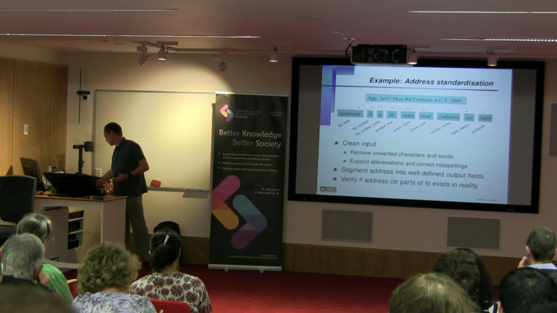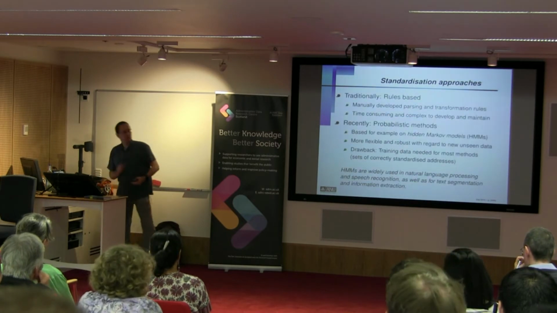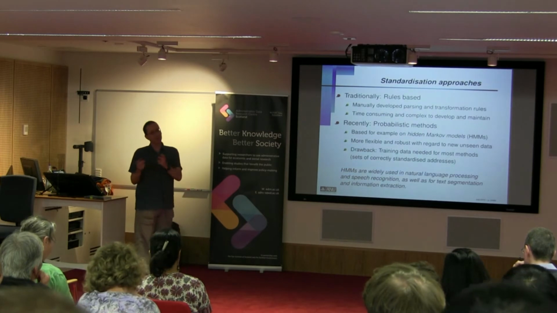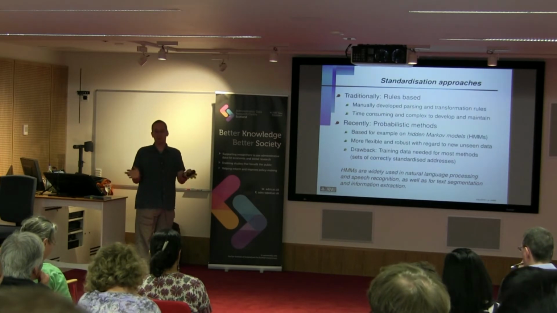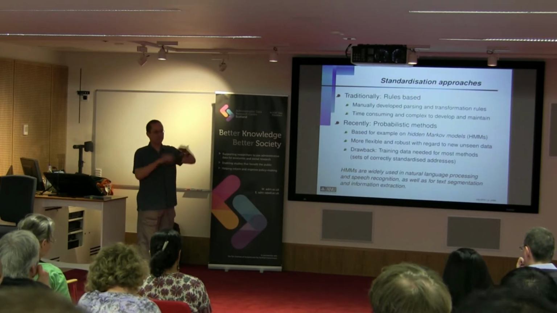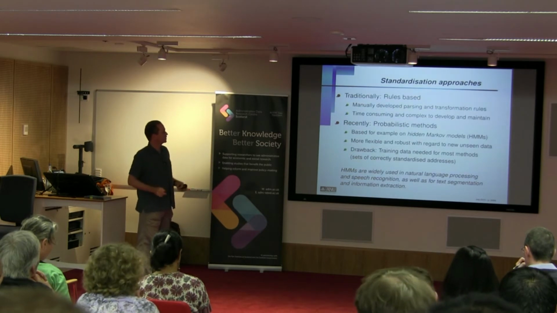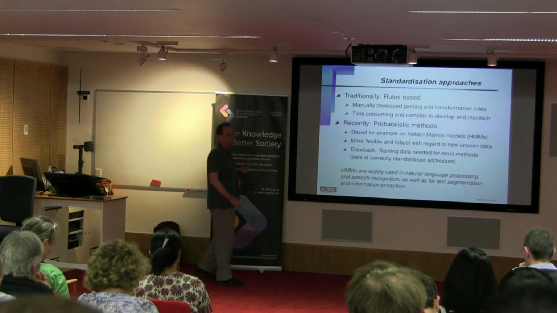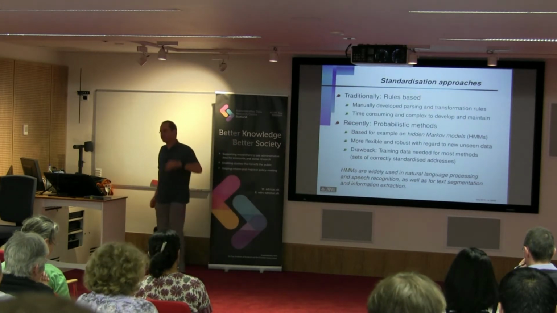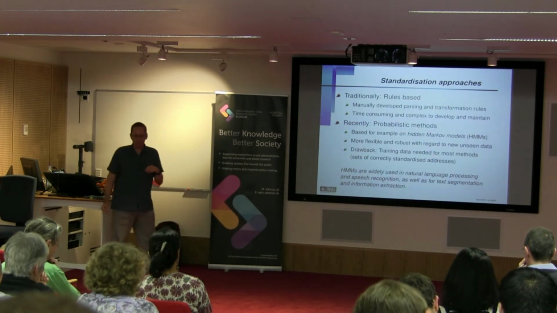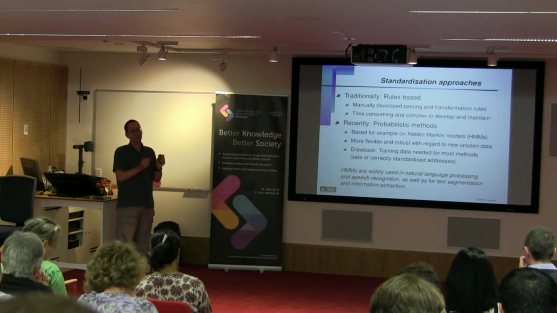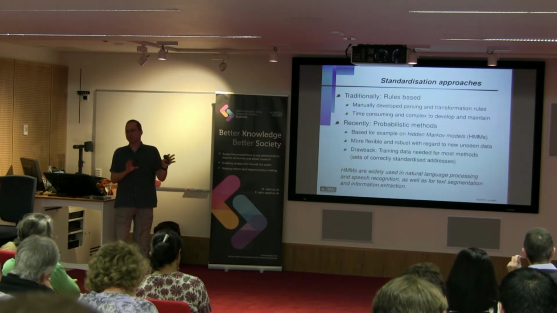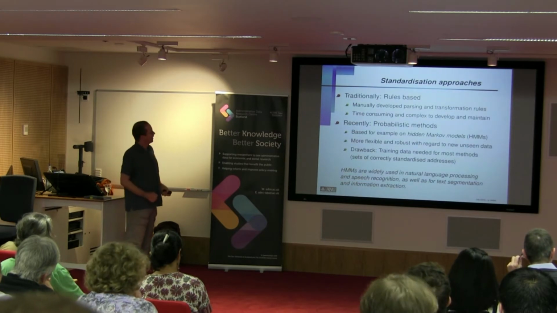And when we started this work in the early 2000s, we actually got a commercial rule system, which was used by New South Wales Health. So that's the health department in New South Wales, Sydney, and the surrounding areas, the big area of New South Wales. And that rule-based system for addresses contains something like 2,000 rules, taking care of all the strange rural area addresses in Australia, and there are lots of strange rural addresses in Australia.